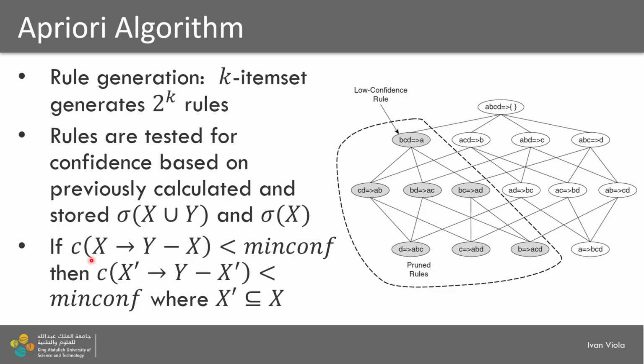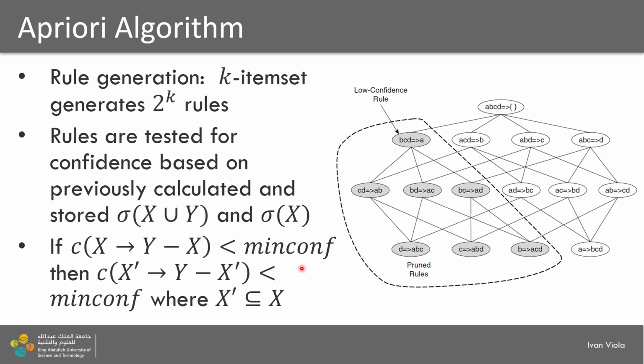So once again, if on the left-hand side of our association rule we have a larger set consisting of more items, and that one has smaller confidence than the threshold, then any other rule which has a subset of x on the left-hand side of the implication will also not exceed the minimal confidence threshold.